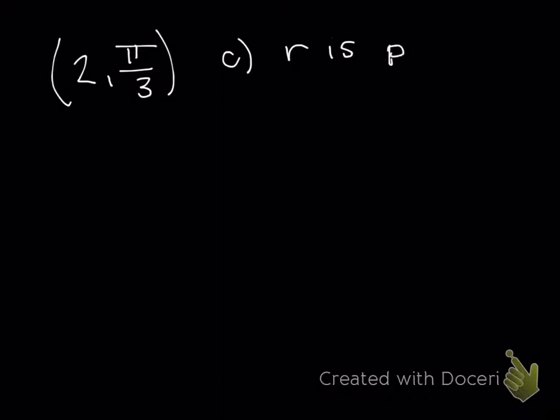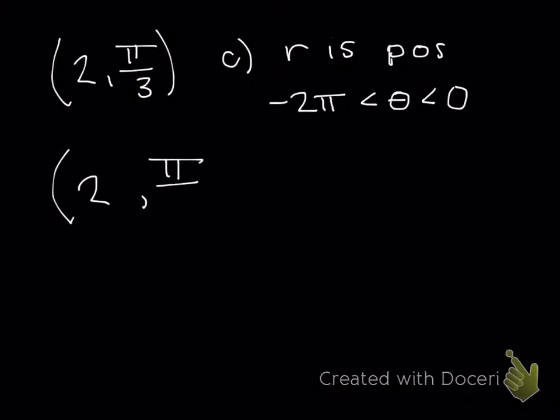So one last one that we're going to go over is, again, 2 and then pi over 3. But the final scenario I want is r to be positive, and I want my angle to be between negative 2 pi and 0. So now I'm going to keep my r positive.